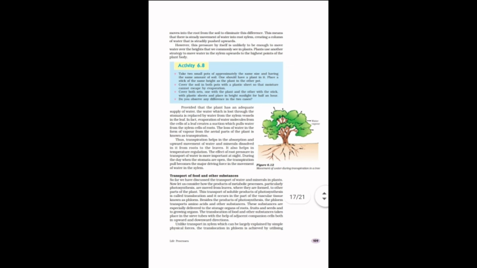This pressure moves the material in the phloem to tissues which have less pressure. This allows the phloem to move material according to the plant's needs. For example, in the spring, sugar stored in root or stem tissue would be transported to the buds, which need energy to grow. Question, do it on your own.